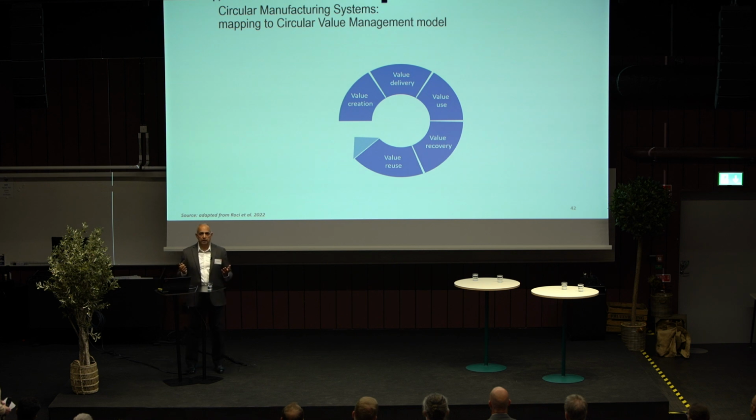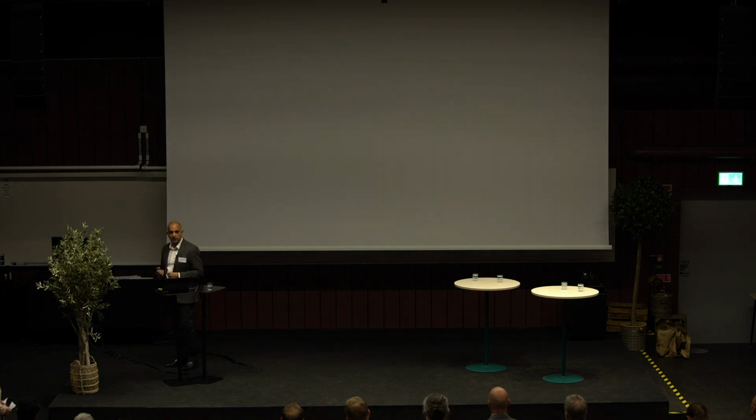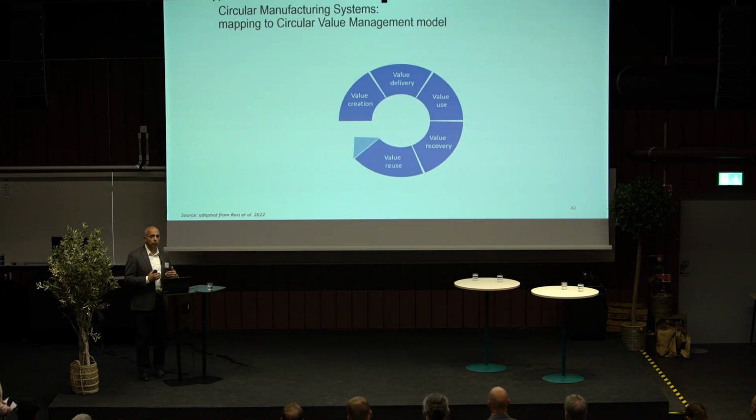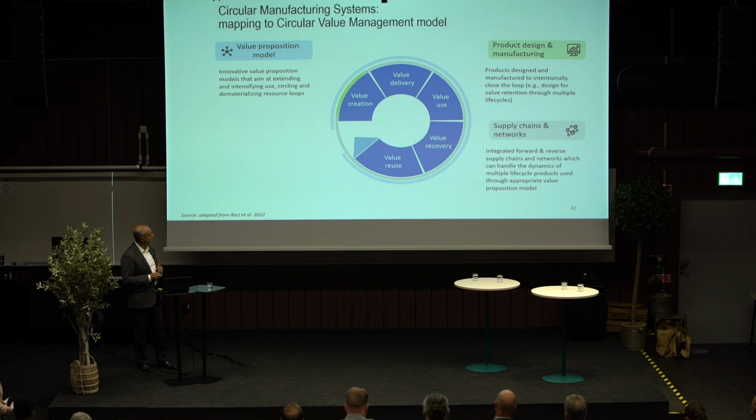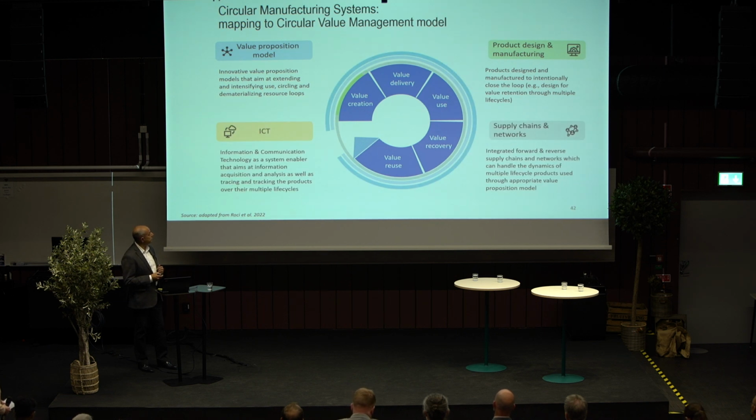So rather than just the resource perspective or maybe just the energy perspective, we want to push the value perspective. And then we started talking about mapping these four important areas of the framework, right?